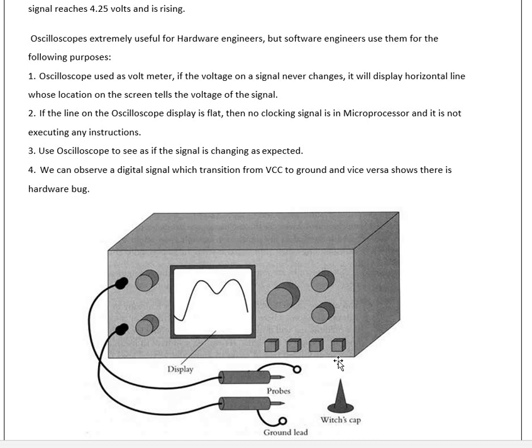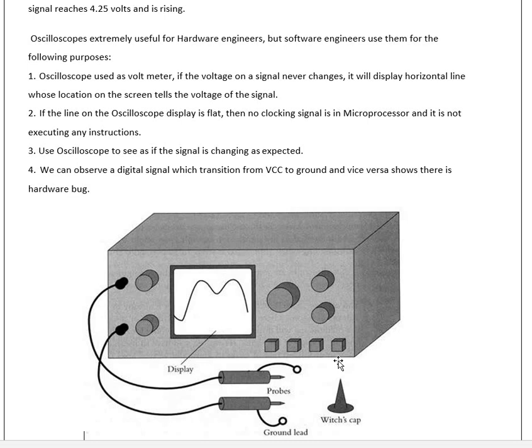The oscilloscope's functions are: oscilloscopes can be used as a voltmeter. If the voltmeter doesn't show a proper reading, it can be connected to an oscilloscope so that it displays a graph of the particular voltage being produced by that particular signal.